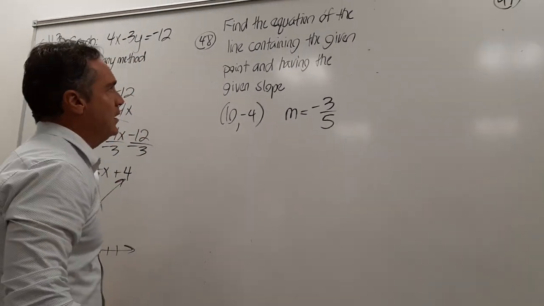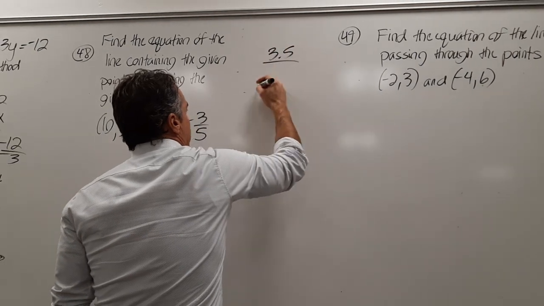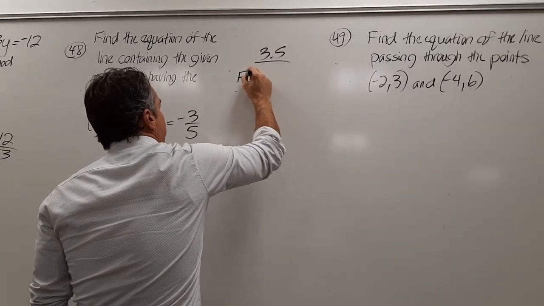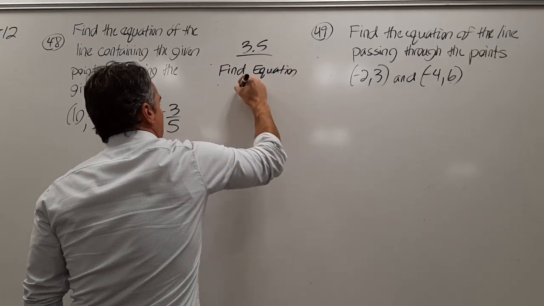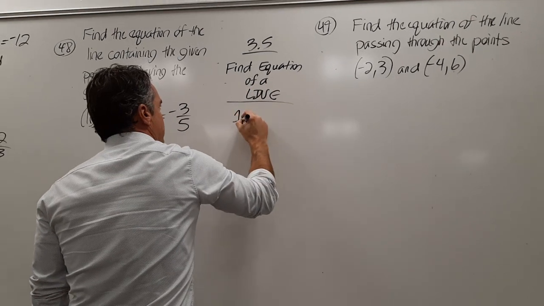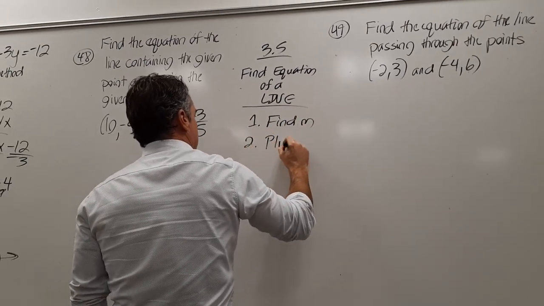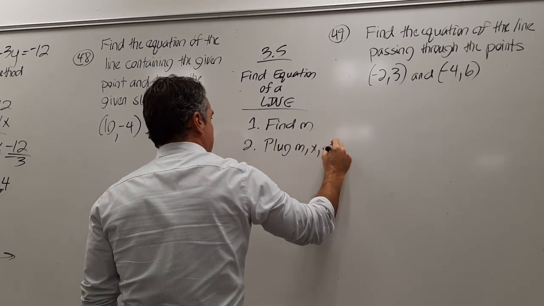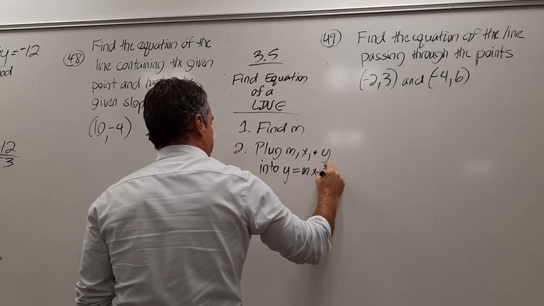These two problems right here are a review from section 3.5. When we need to find the equation of a line, we have 4 steps. Find m, plug m, x, and y into y equals mx plus b.